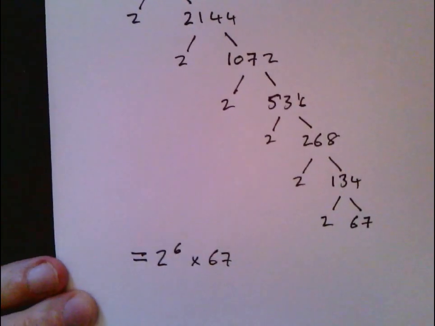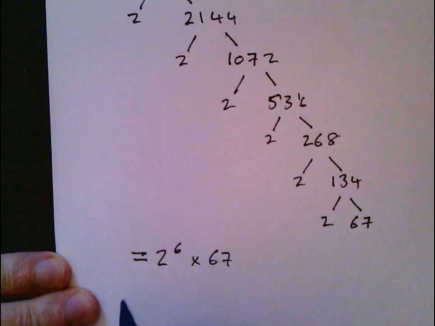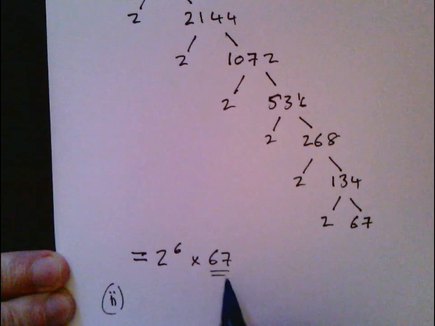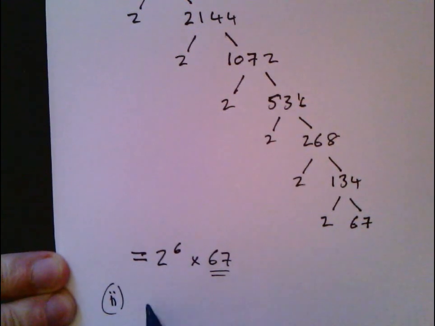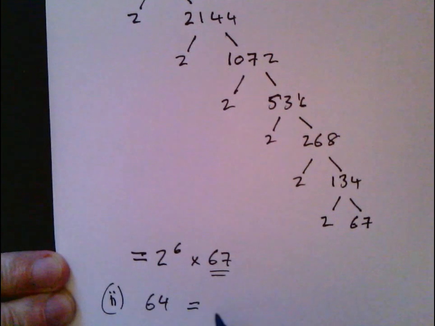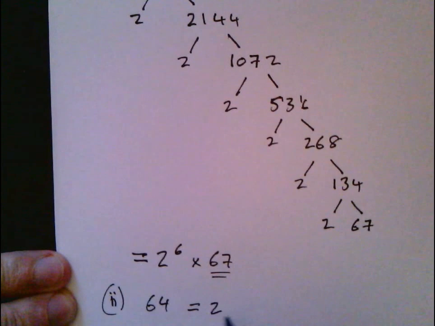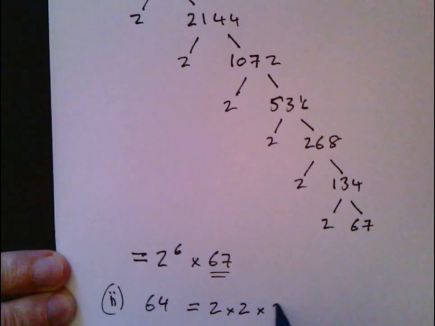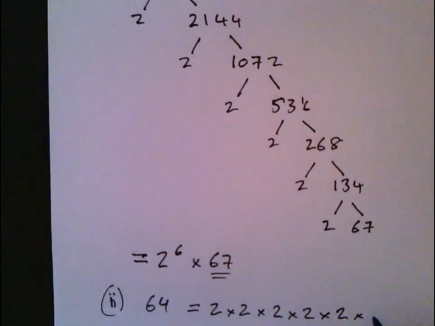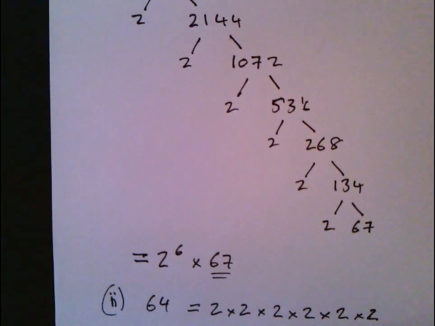Now, part 2 is to write it as 2 whole numbers which are as nearly as equal as possible. And 67, if we're looking for powers of 2, we might want to have a look at 64. 64 is 2, 4, 8, 16, 32, 64, which is 2 to the 6.